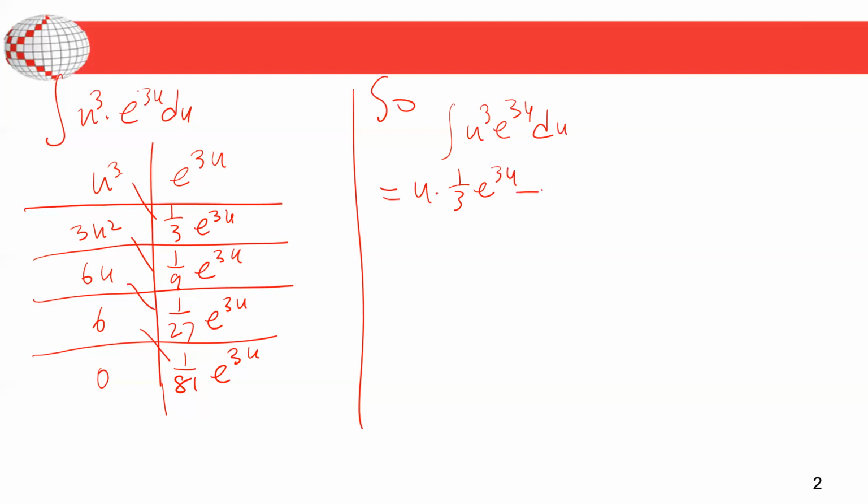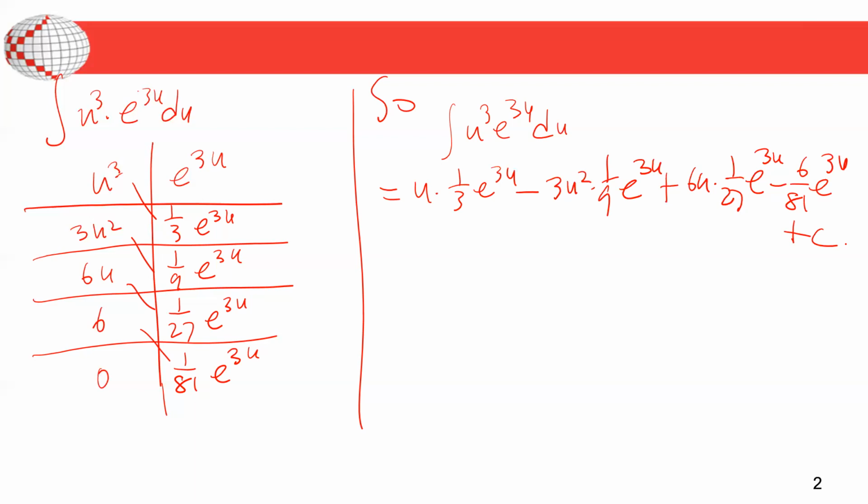And then minus 3u squared times 1/9 e to 3u, and plus 6u times 1/27 e to 3u, and then minus 6/81 e to 3u plus c. So that's the answer for this integral.